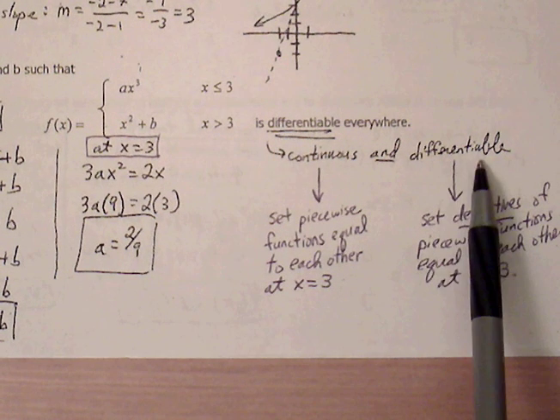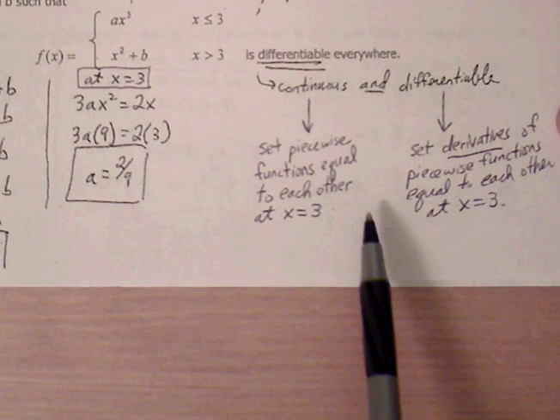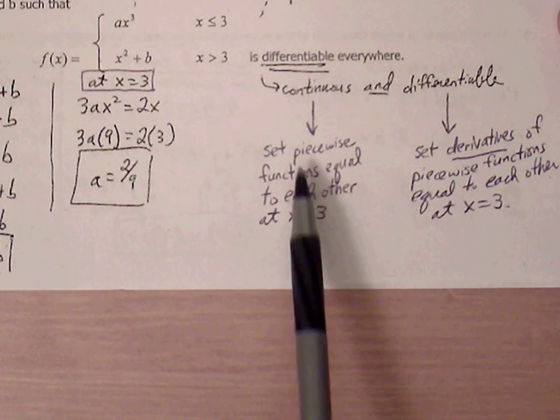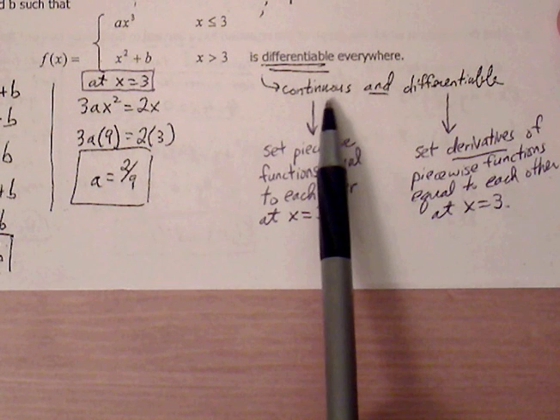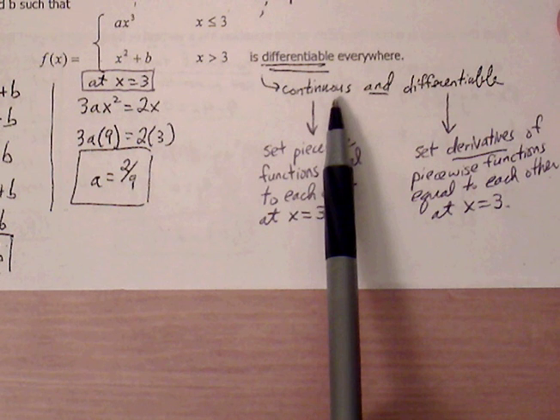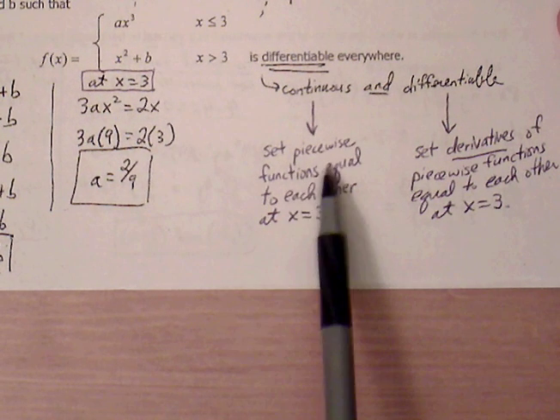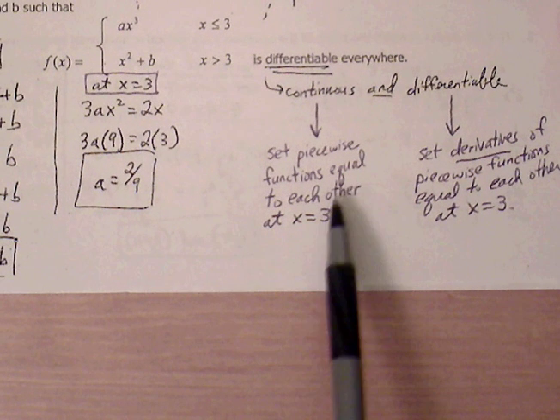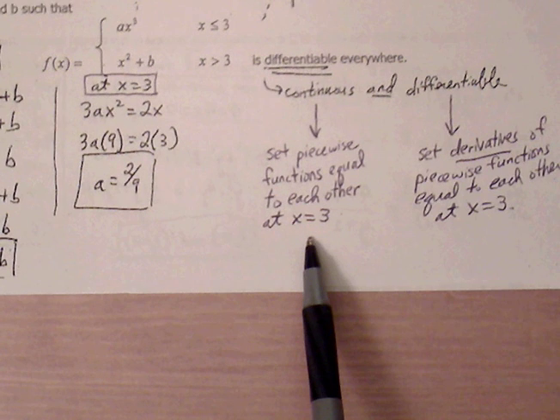So to set up the problem, we're going to set the piecewise functions equal to each other, to take care of this continuity property. We know they're going to share the same y value, so we can simply set these 2 functions equal to each other at x equals 3, and we know that they must match.